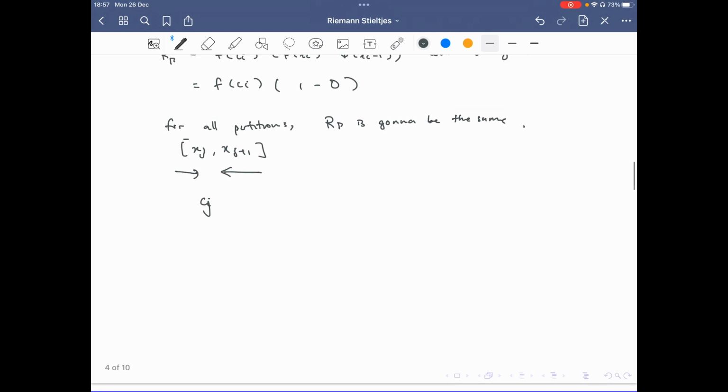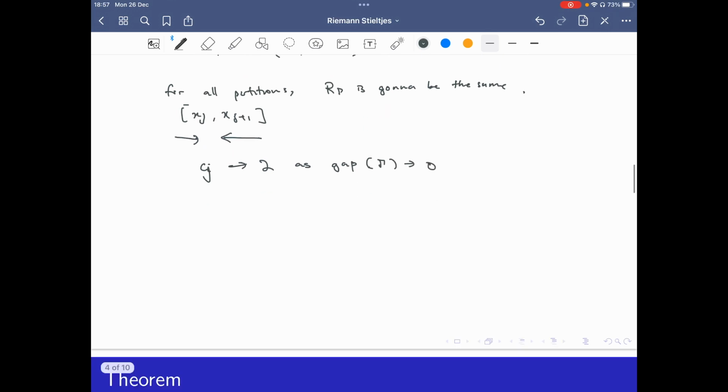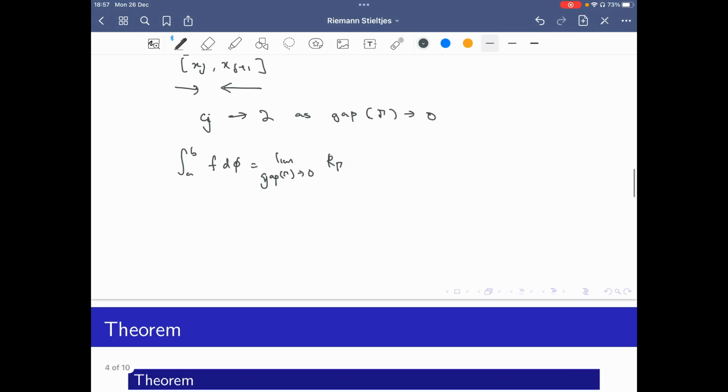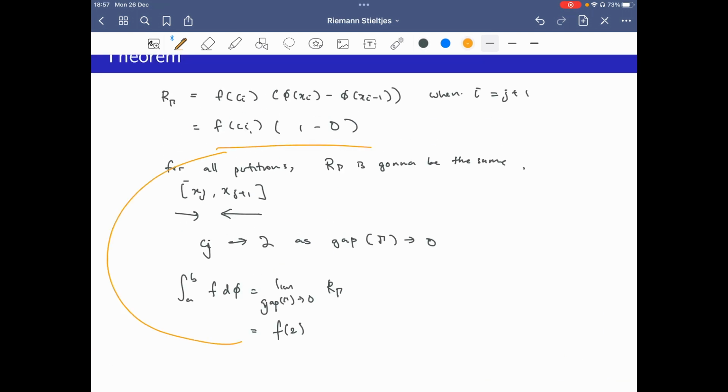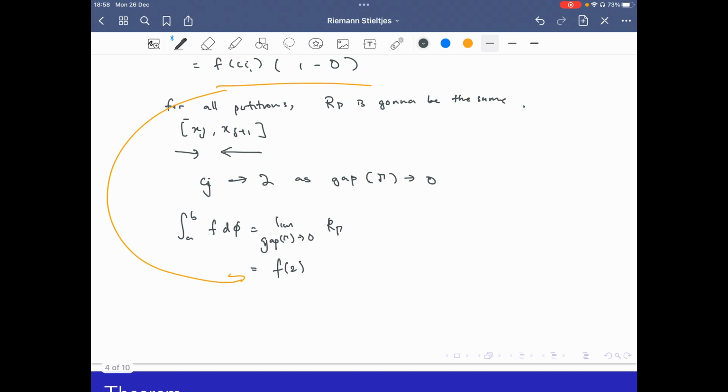So as the gap gets closer to 0, the range in which you can choose the point gets smaller, and ci gets closer to 2. Then we can write the integral, by definition, as the limit as the gap goes to 0. Then this is equal to f(2), times 1 minus 0, and that is equal to log 2.